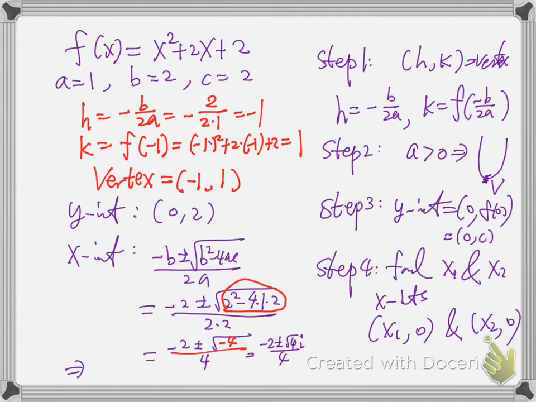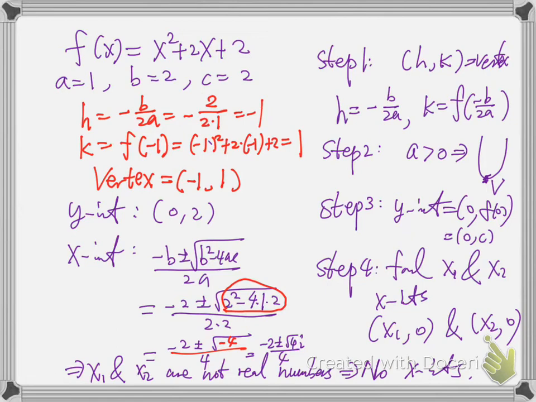That implies x1 and x2 are not real numbers, so there are no x-intercepts.